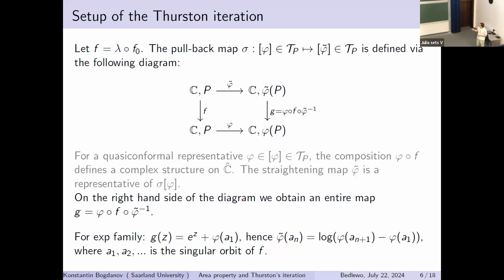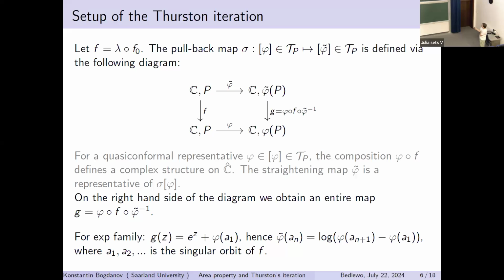Using this quasi-regular map, it's very easy to define the Thurston pullback map. It's defined by the following diagram. The simplest thing is to say, for example, let phi be a quasi-conformal map, consider its Beltrami differential and pull it back via f, which is a quasi-regular map.